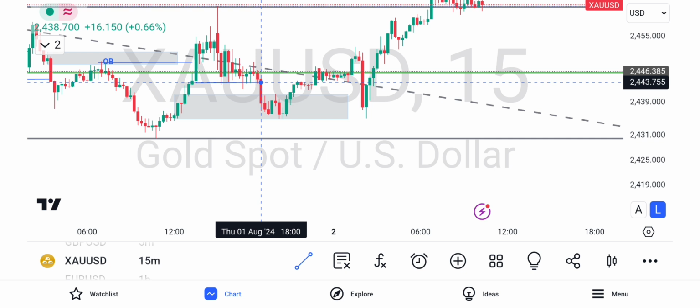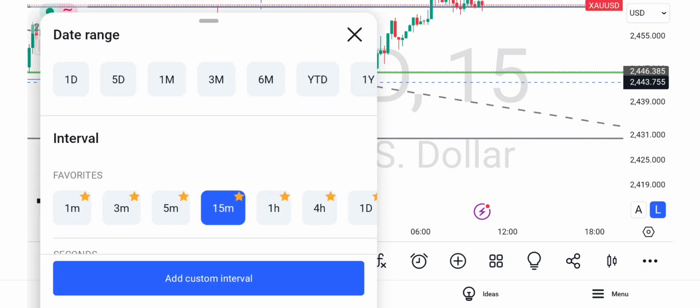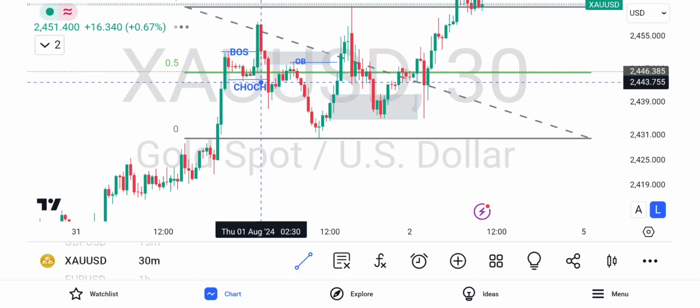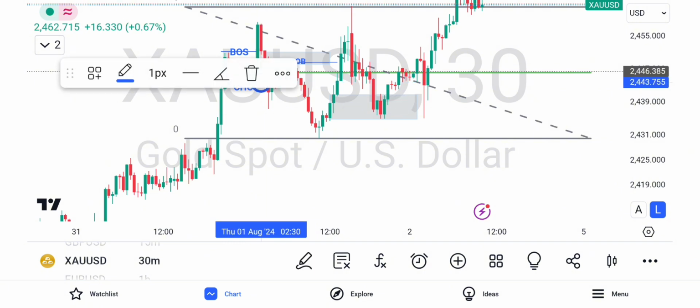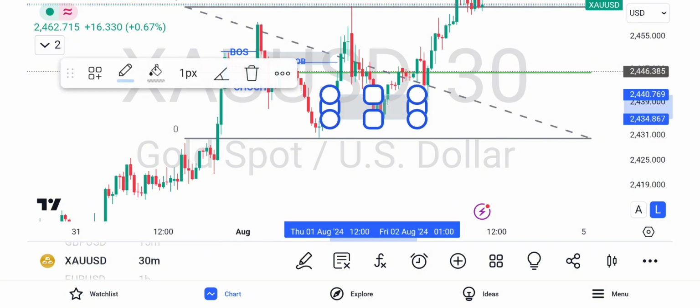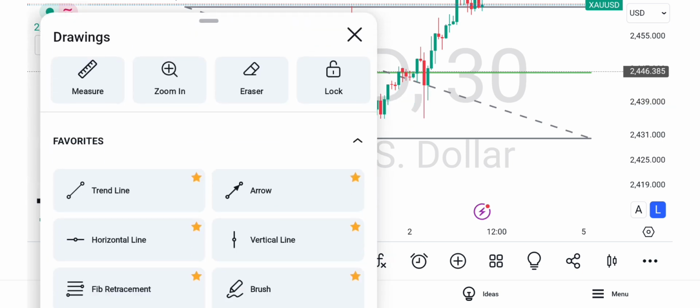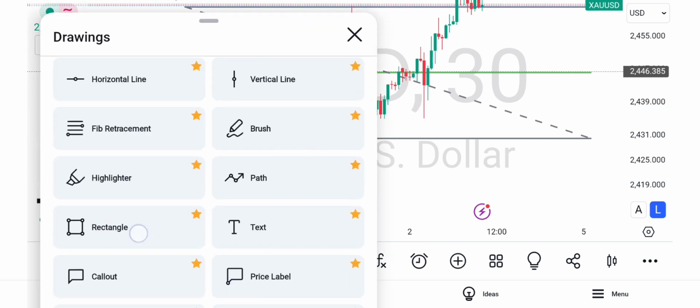However, price was able to give us an order block around this axis.